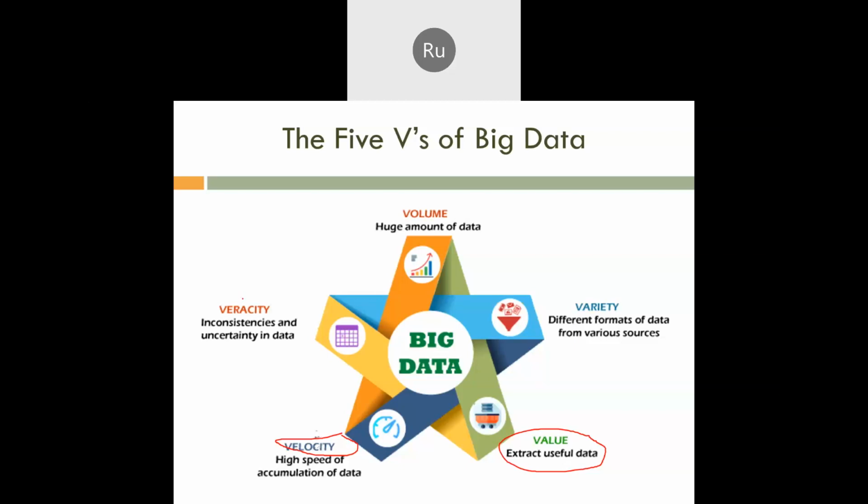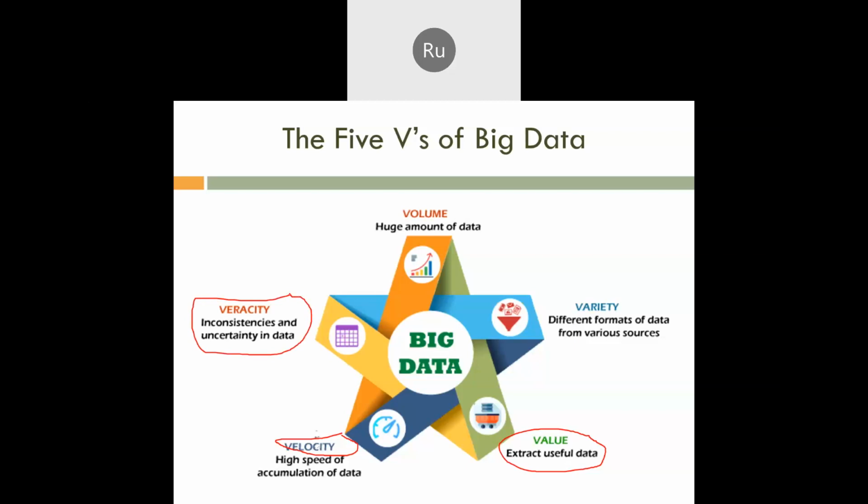The last one is veracity. Veracity refers to how valid your data is at that particular time. For example, we can make a certain decision based on the exchange rate. But as we all know, the exchange rate can be different every day.